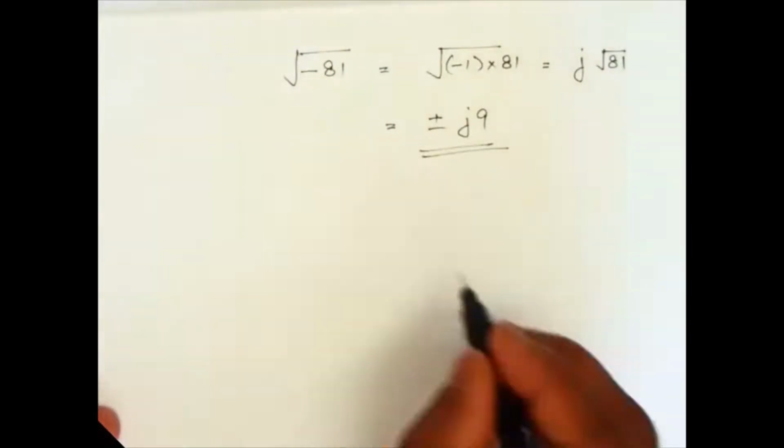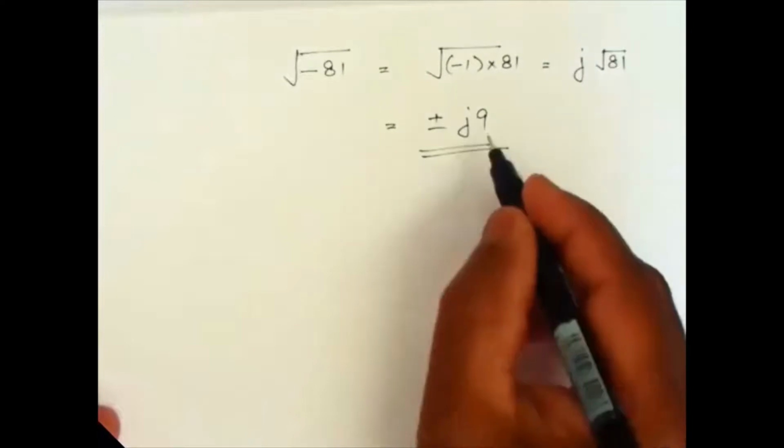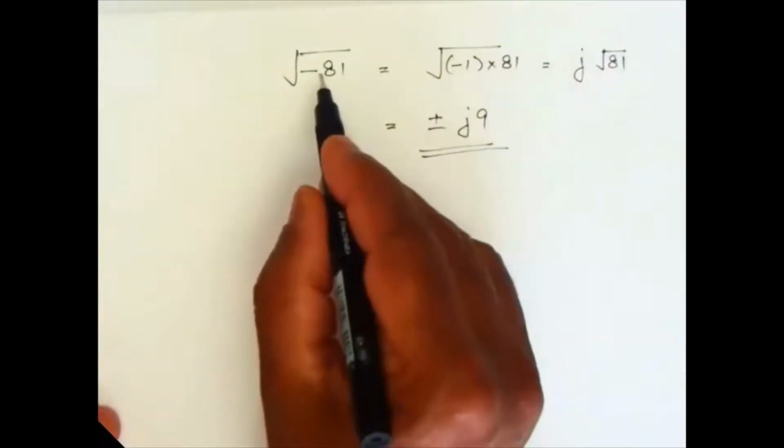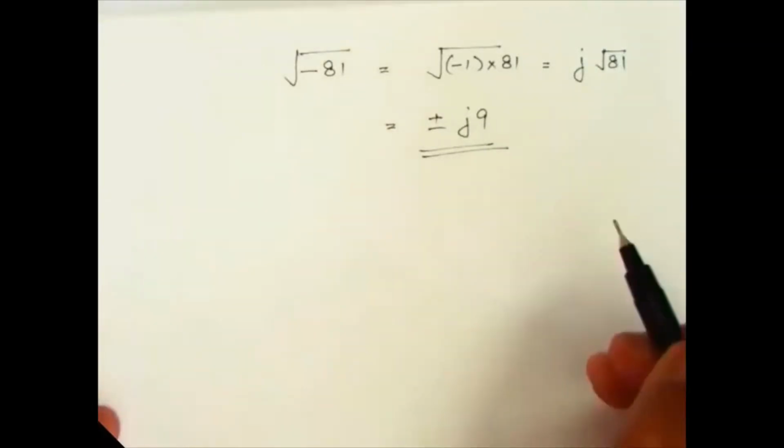So this is how we give a meaning to the square root of negative 81.